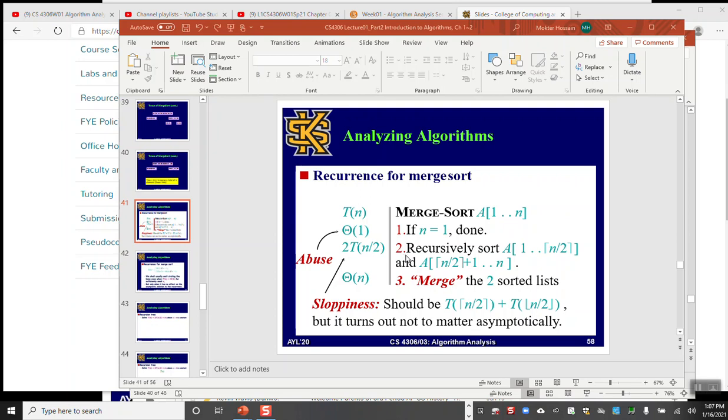Because every time it is splitting by half, right? If an algorithm itself does only this part, splitting in half, then its complexity will be log n, log base 2 n. And this part will take n, right?